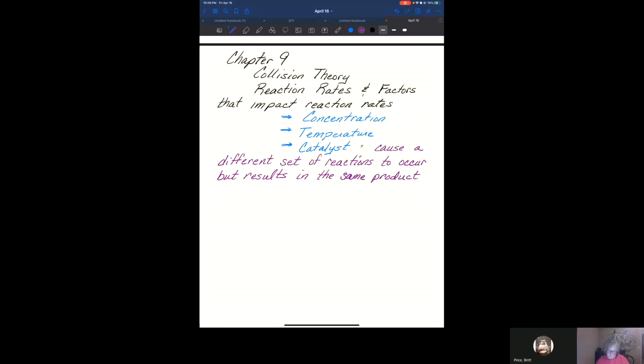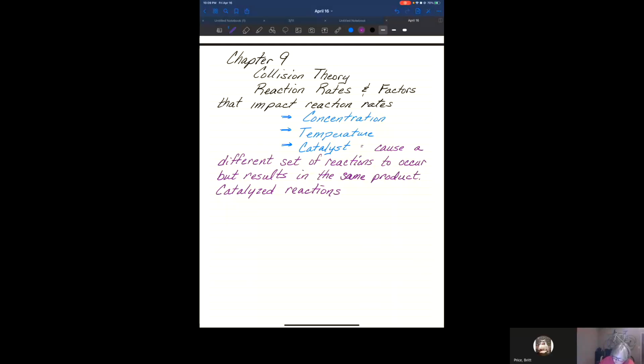The reason why catalysts are used is that a catalyzed reaction has a lower activation energy than non-catalyzed.